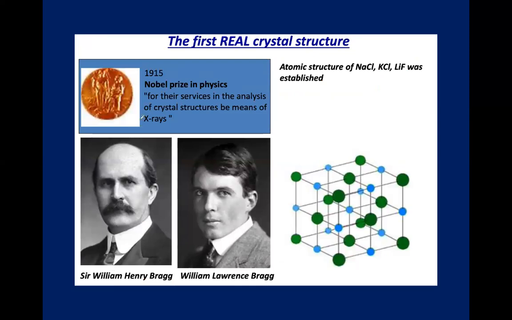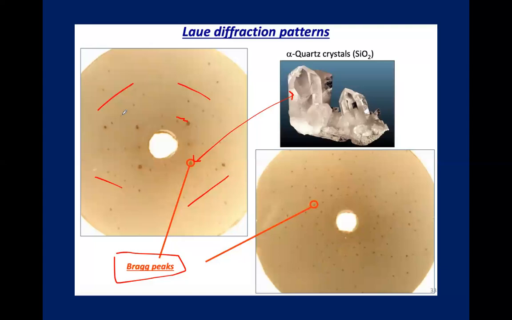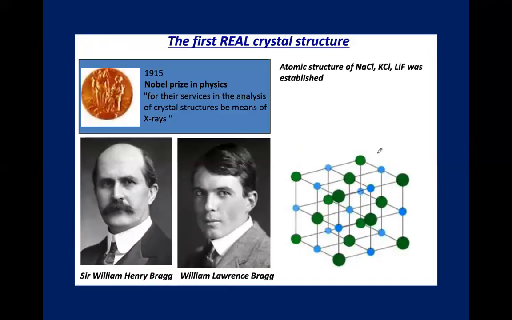So by these observations, they could conceptualize in 3D the crystal shapes, right? So this is the real crystal structure first established by them, and they also won the Nobel Prize, sharing it. For example, sodium chloride, KCl, and lithium fluoride, they first established the atomic structure.